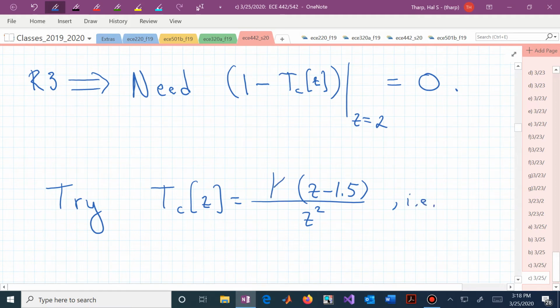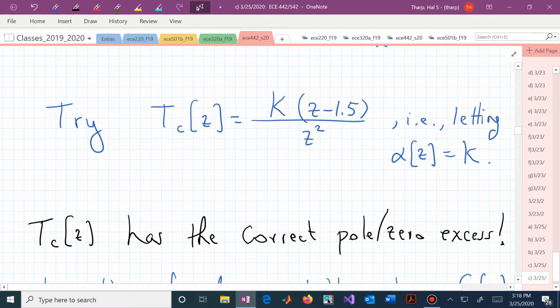And in this case, let's let that more general polynomial alpha sub c just be a constant k. Notice that t sub c of z has the correct pole zero excess. We needed a pole zero excess of 1, and we've accomplished that by simply allowing alpha of z to be a constant.